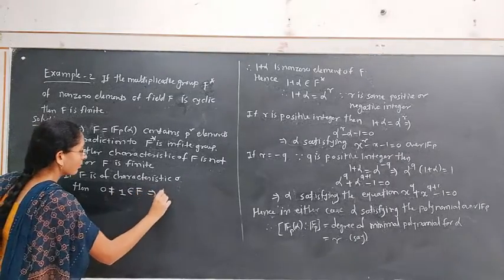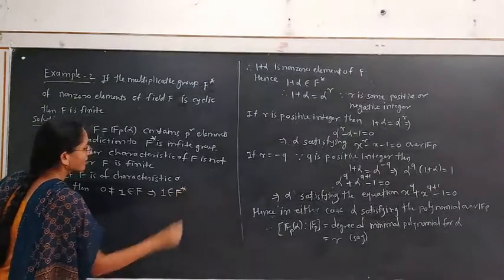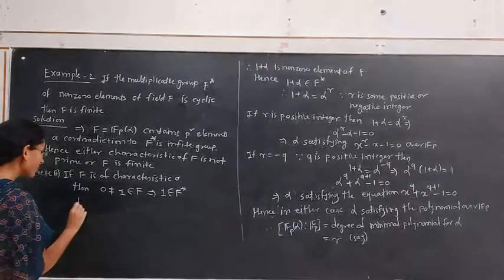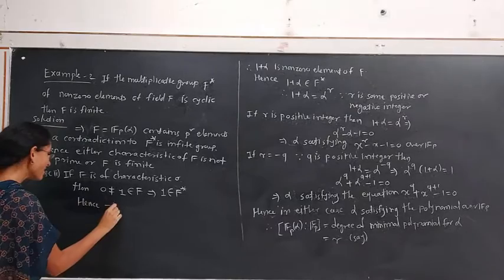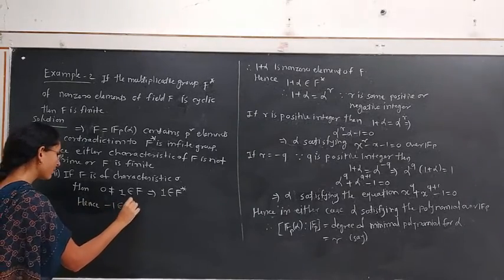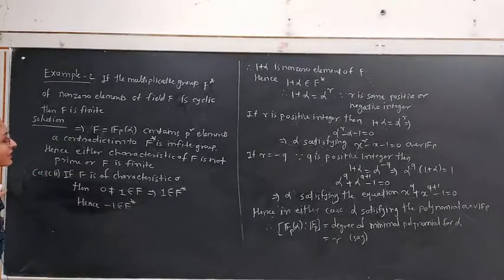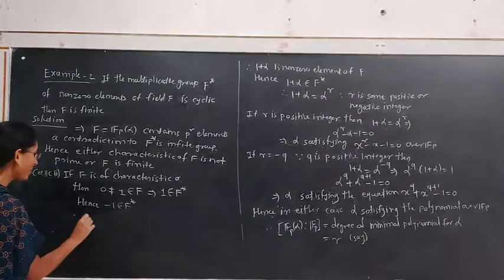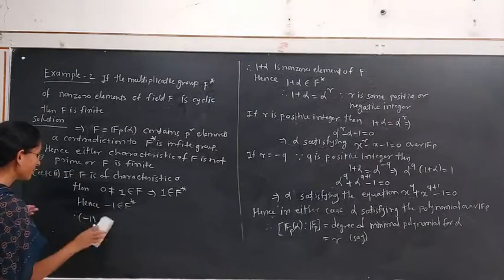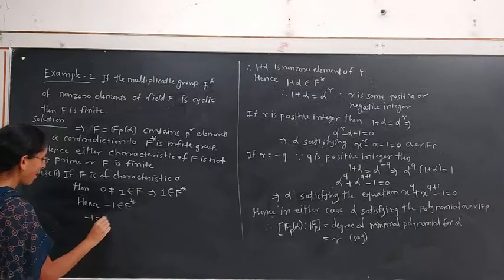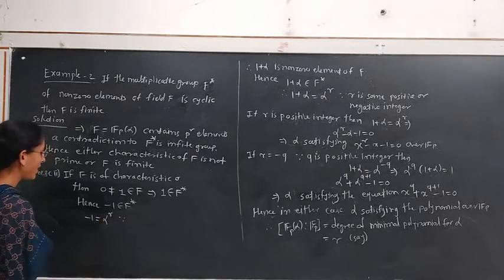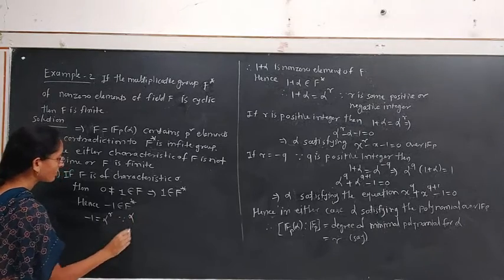This implies 1 belongs to F star because 1 is non-zero. Hence, minus 1 belongs to F star. But what is F star? F star is a cyclic group generated by alpha. Therefore, minus 1 is written as alpha raised to R, where alpha is the generator of the group F star.